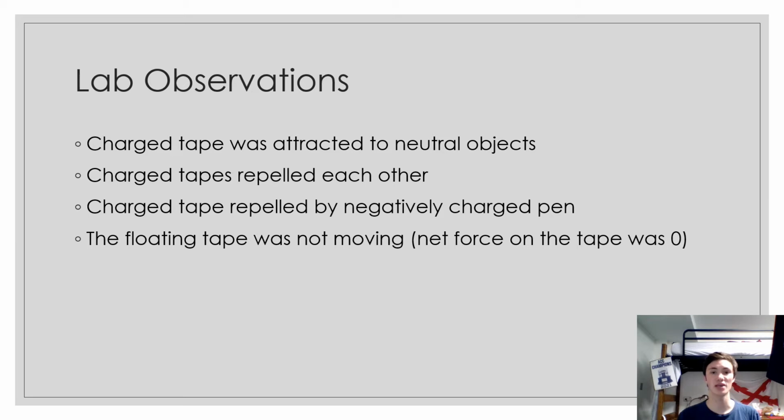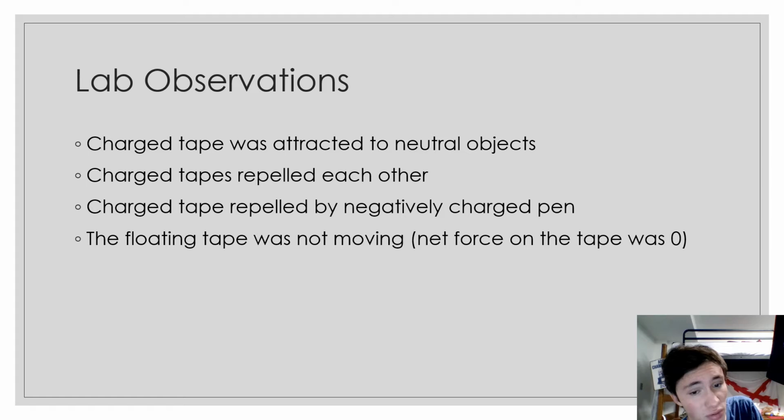So some key observations that I made in lab was that the charged tape was attracted to neutral objects, which means that it had a positive or negative charge, as either would be attracted to neutral objects due to the polarization of the neutral object. Also, the charged tapes repelled each other, which meant that they had the same charge.